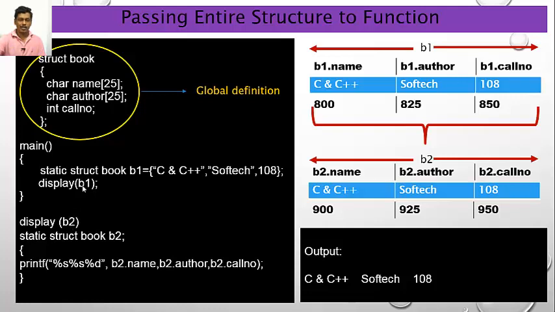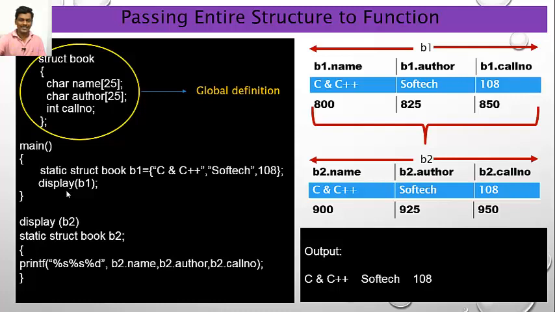So the actual argument is a structure variable. The formal argument is also a structure variable. If we define it within the main function, it is local to the main function. We can only declare structure variable within the main function, we cannot declare it outside of the function.